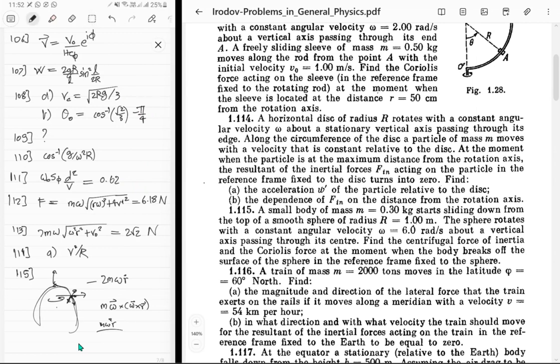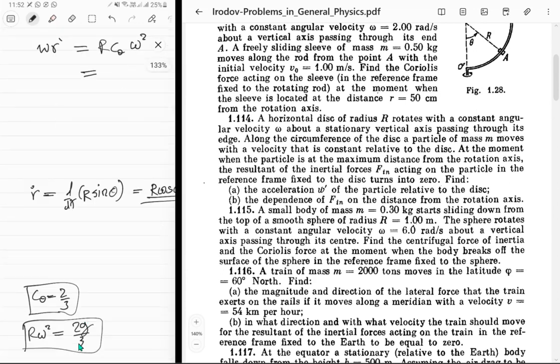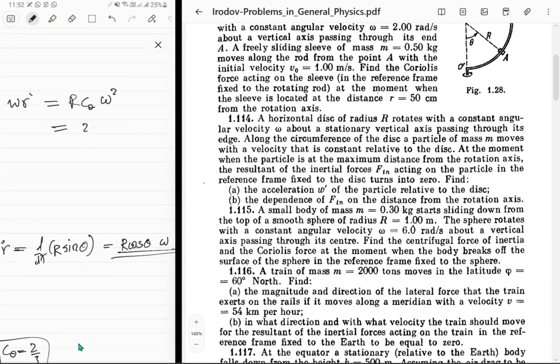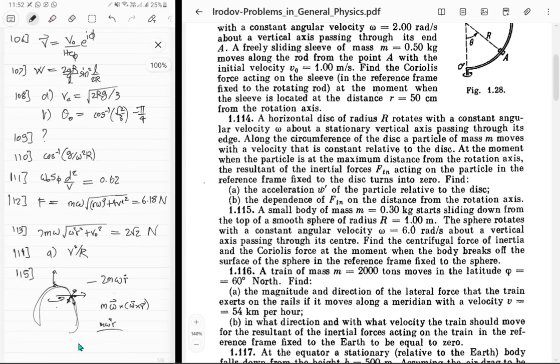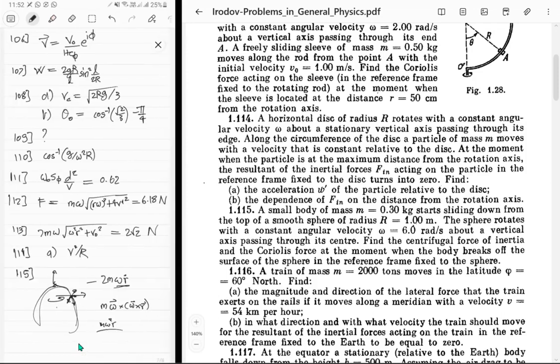First, we'll need what omega r dot is. So omega r dot is just r cosine theta omega squared, and r omega squared you already know, it's 2g upon 3, and that times cosine theta, 2/3, is 4g upon 9. We got what this part is, so just that times 2, so 8g upon 9 times m.